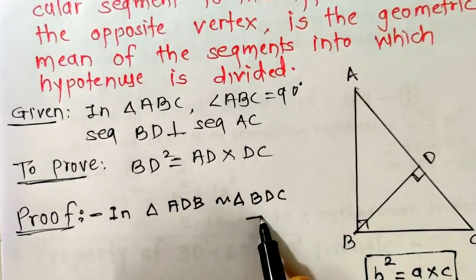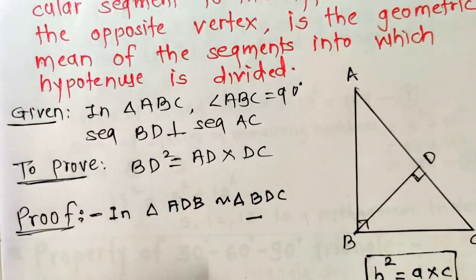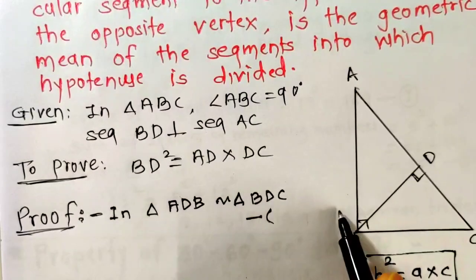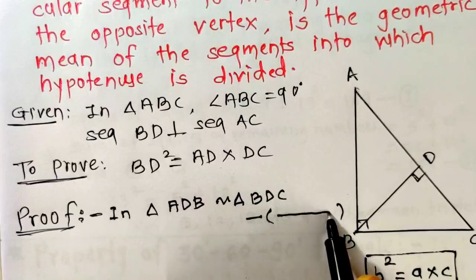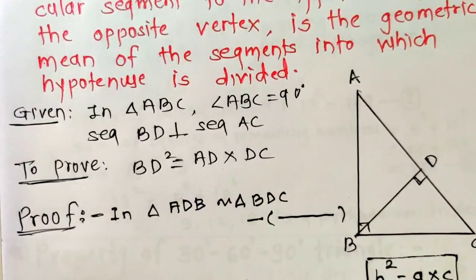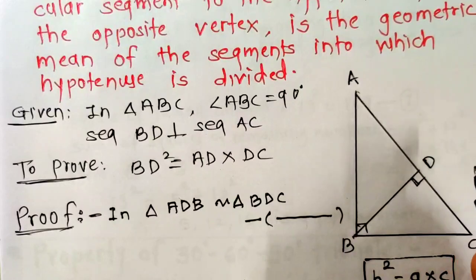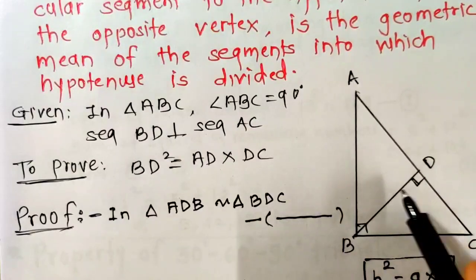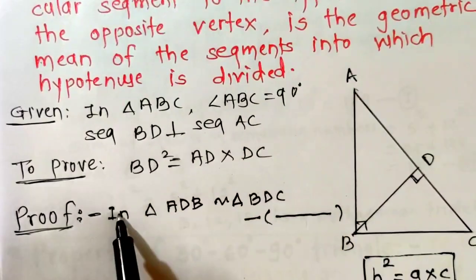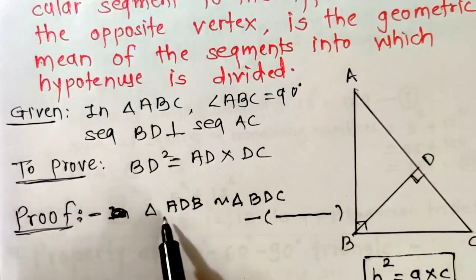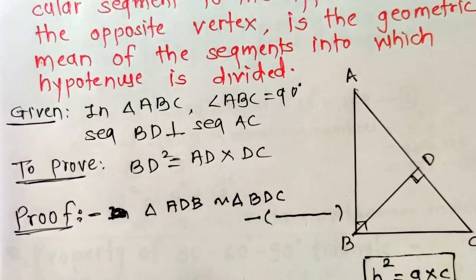We can write the statement of that theorem: if a perpendicular is drawn from the vertex of the right angle to the hypotenuse, then the triangles so formed are similar to each other, and therefore triangle ADB is similar to BDC by this property.